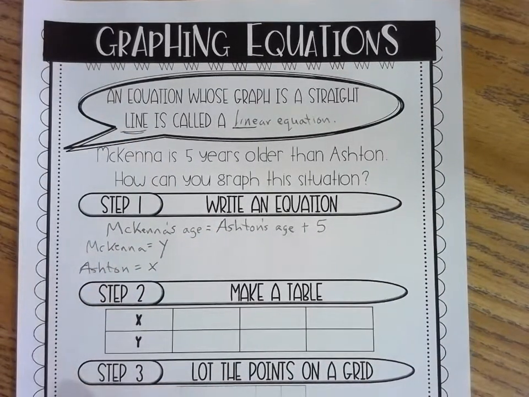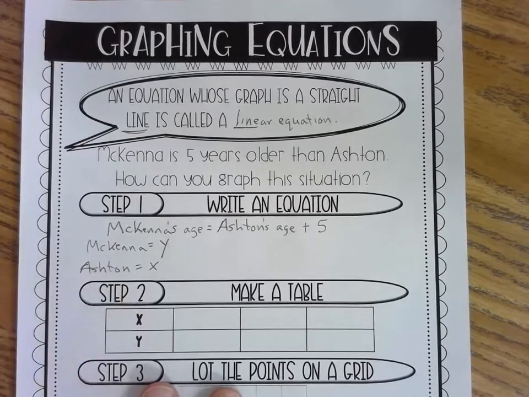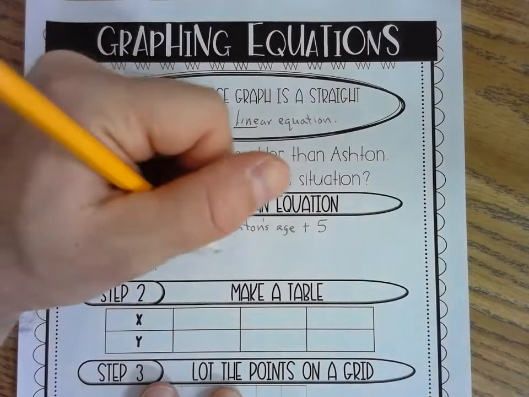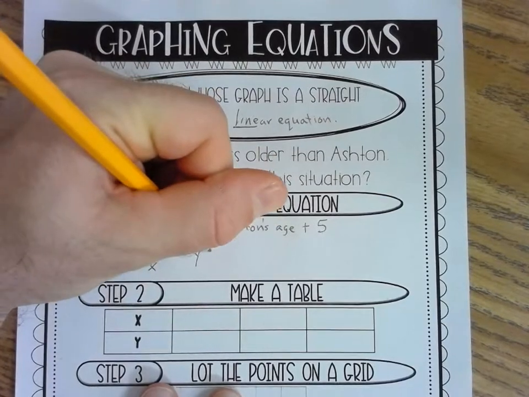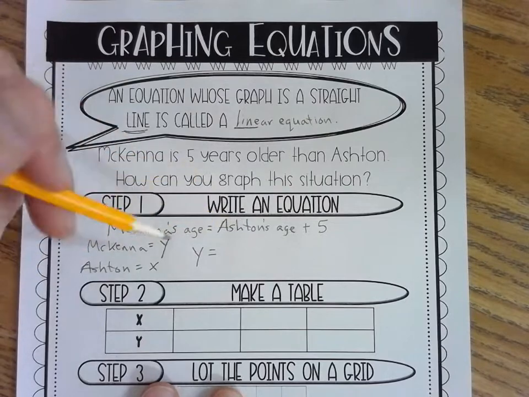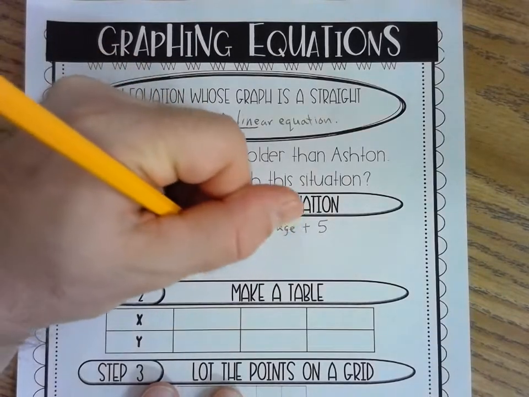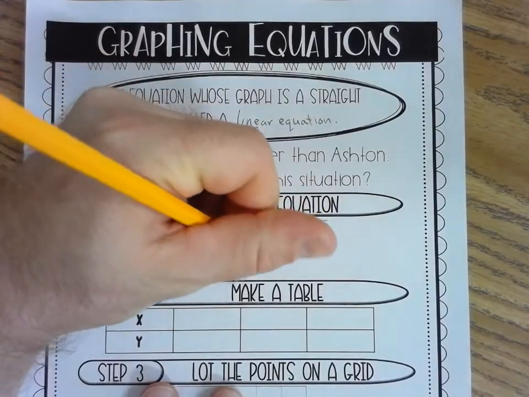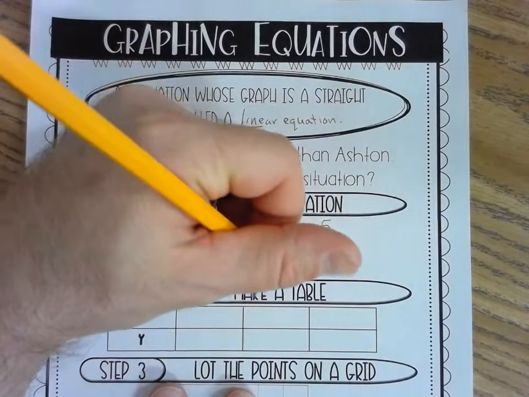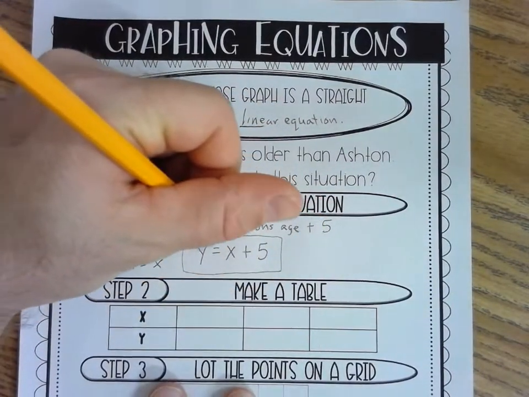So how would we write this equation using the y and the x? Well, we just go up here and replace McKenna with the y. So we have y is equal to, and then Ashton, which is going to be x, and then we just fill in the rest, plus 5. So here is our equation with the y.